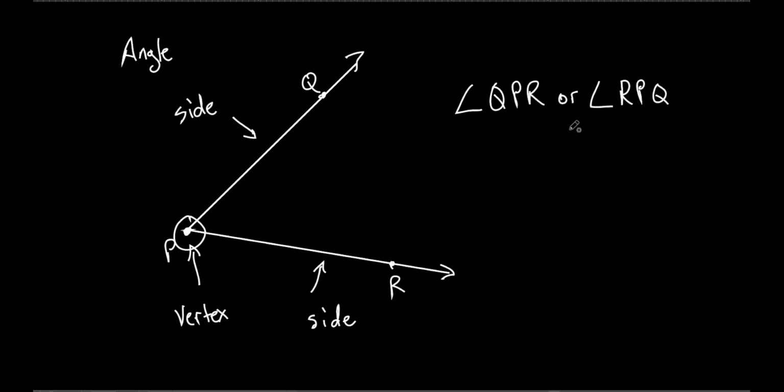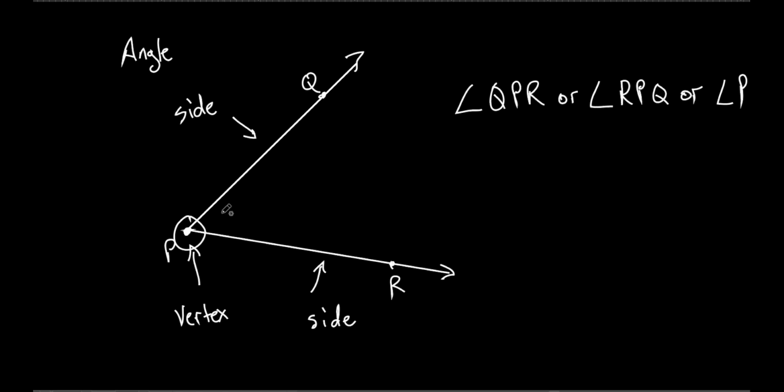Here's one more way. If you only have one angle coming out of that vertex, I could just call it angle P and not even use those other 2 letters. So if they ask for the name of this angle, you could just call it angle P.